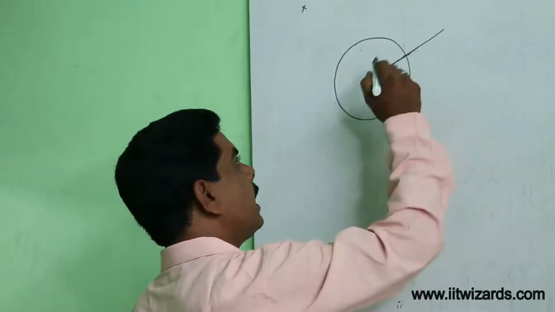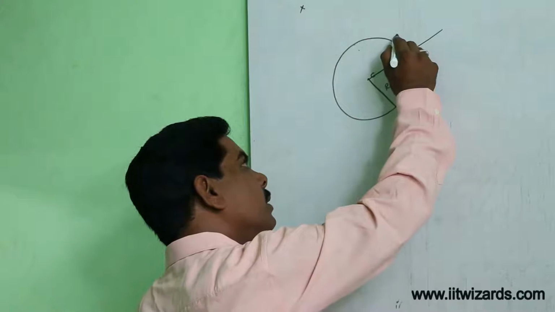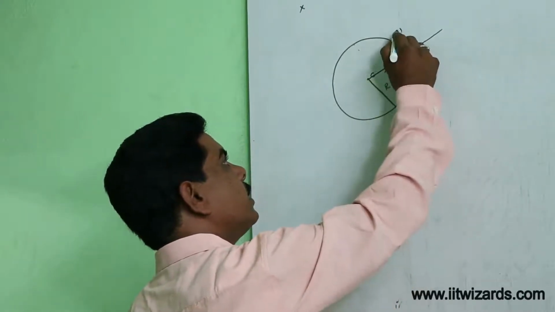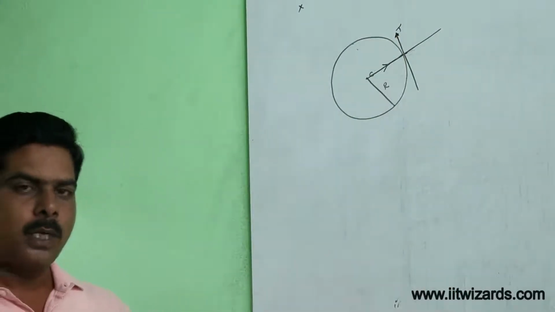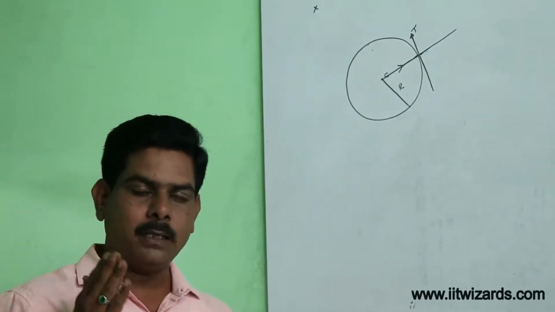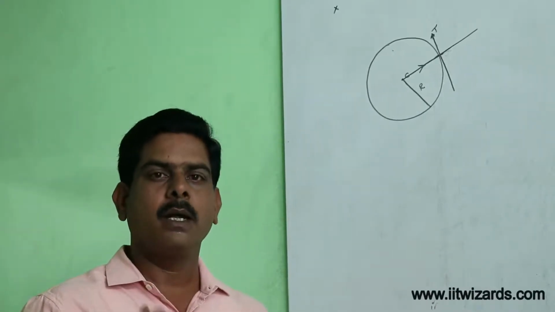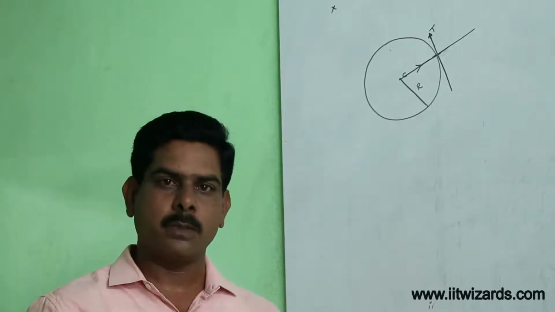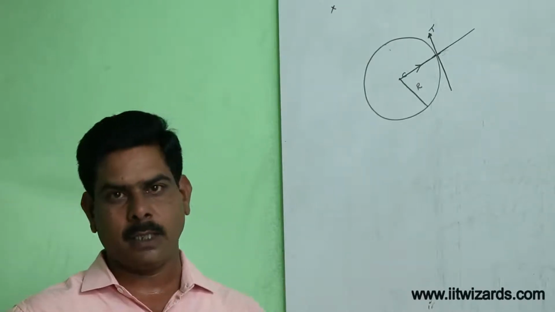Now, what is the character of this radially outward line? Children, you are familiar with the term tangent. So, this is a tangent. What is a tangent? A tangent is any line that touches a single point over a given curved surface. The curved surface could be a sphere, a parabola, an ellipse, or any hypothetical curve.